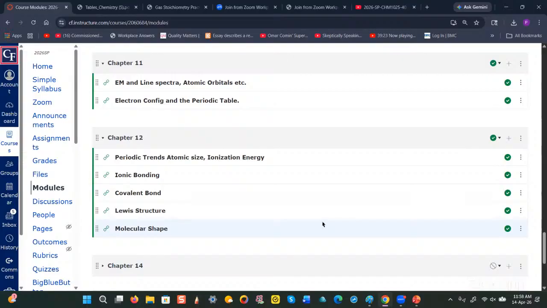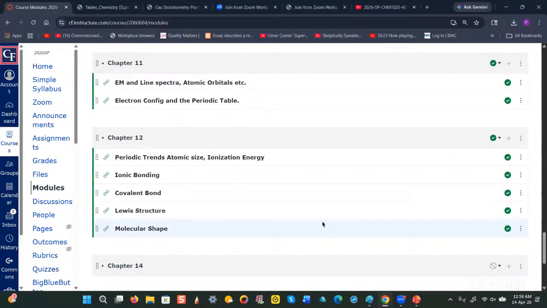So for part D, how many electrons are in each shell? Okay. So what you have to remember is that the first shell will only have a 1s sublevel, right? The second shell will have 2s and 2p sublevels.